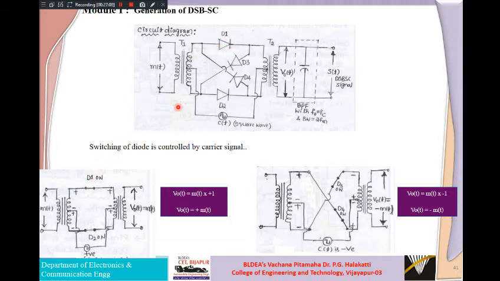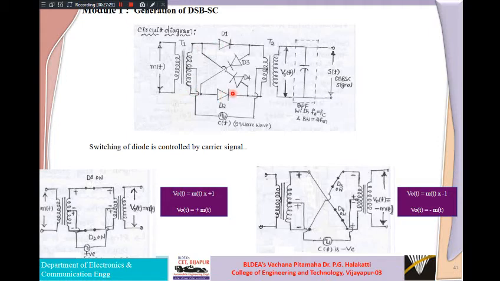This positive comes all the way here and forward biases diode D2. So D1 and D2 are on, short circuited. Plus is connected to the anode of D1 and to D2, so D2 is now on.